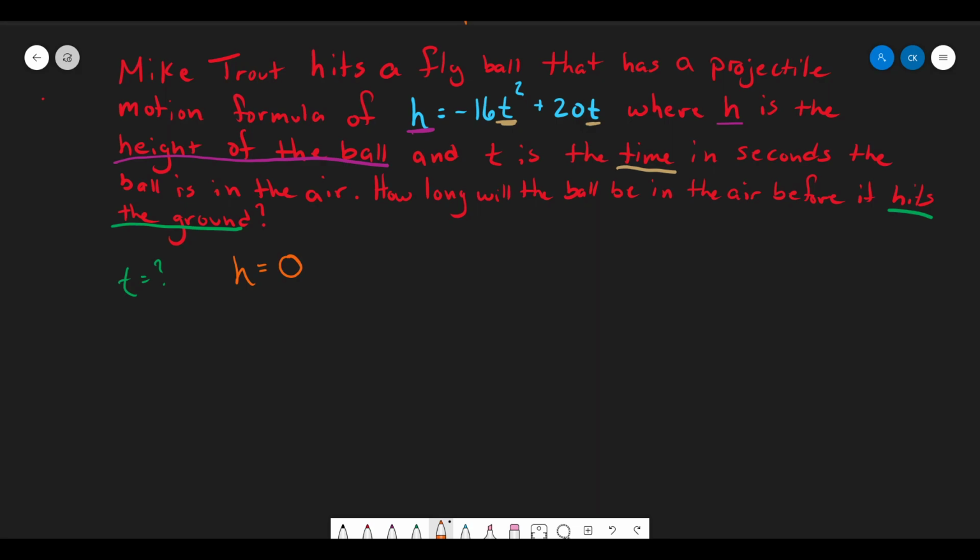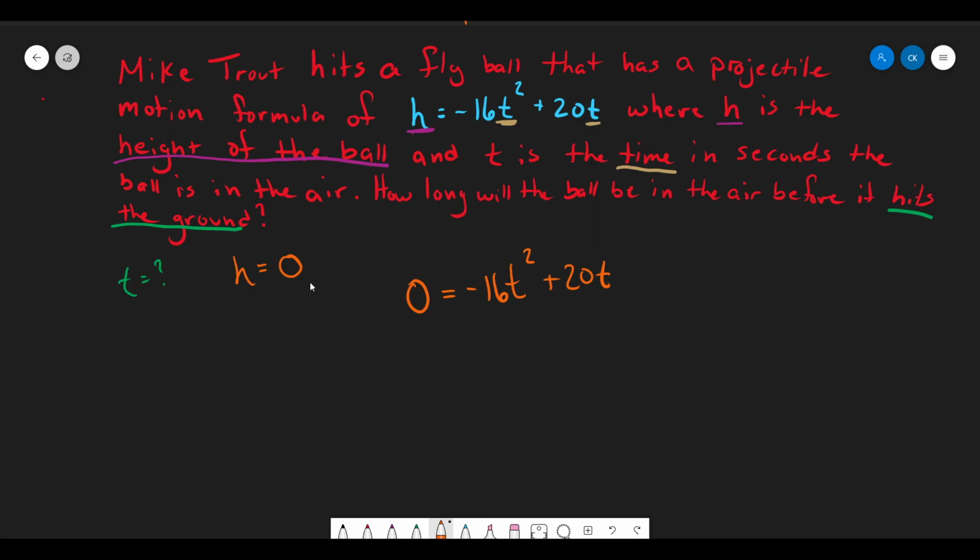Whenever something hits the ground, the height is 0. So basically we want to replace our h in this problem with a 0 and solve for t, solve for time. So my new equation is going to be 0 equals negative 16t squared plus 20t.